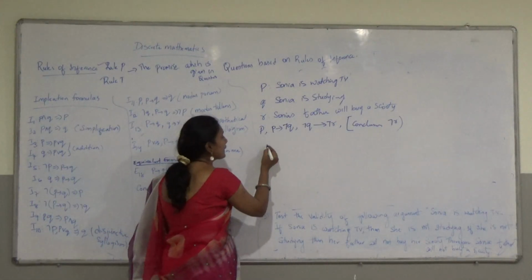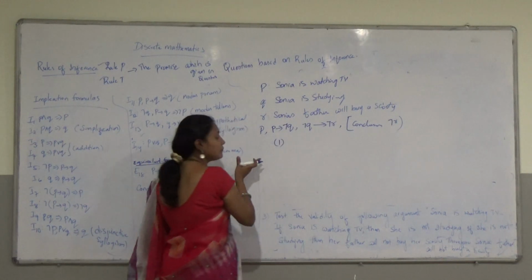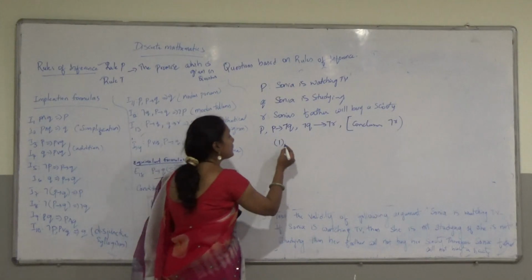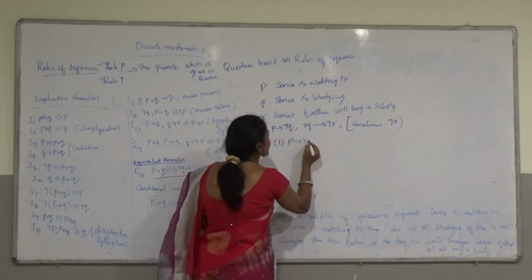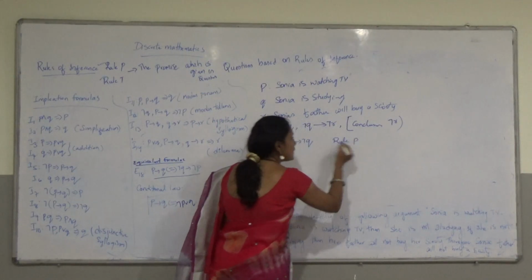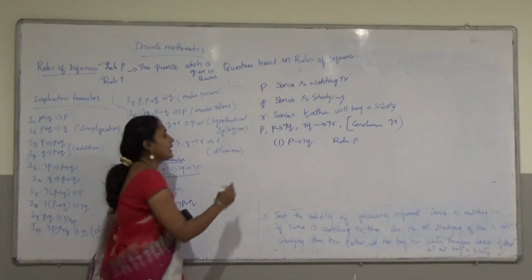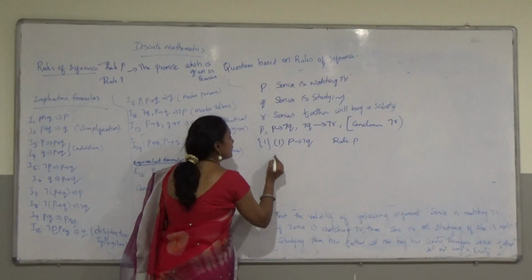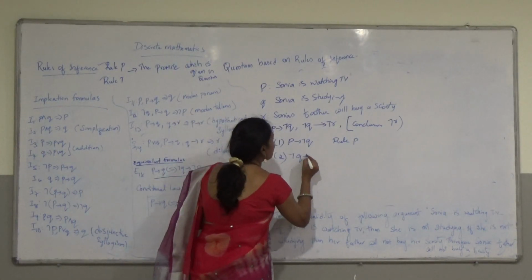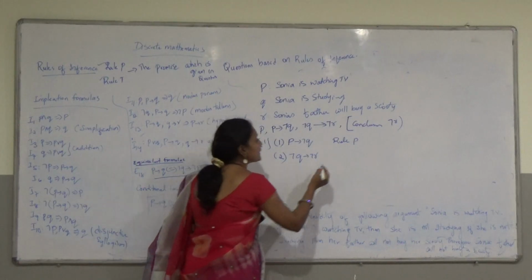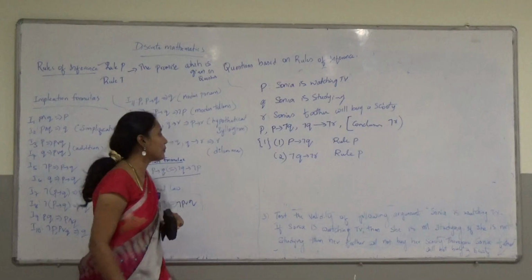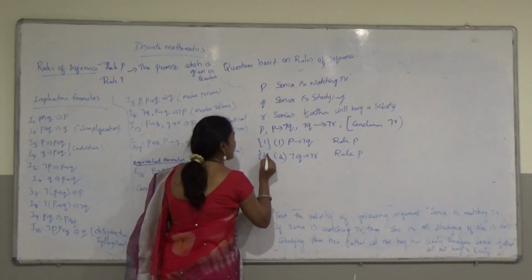So let us take the problem. The same logic is applied, but the question is twisted. So I am taking P implies negation Q. This is a given premise in the question. So I am writing rule P, and this is 1. Next, 2 as negation Q implies negation R. This is also taken from the question, so I am writing rule P. This is the second number we get.